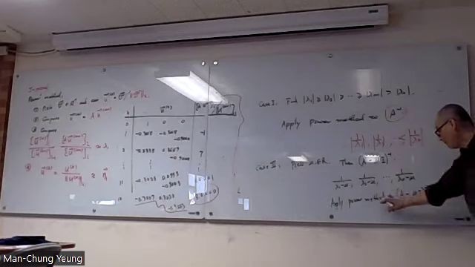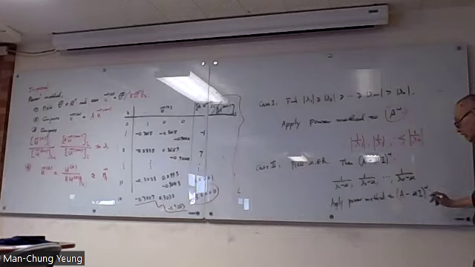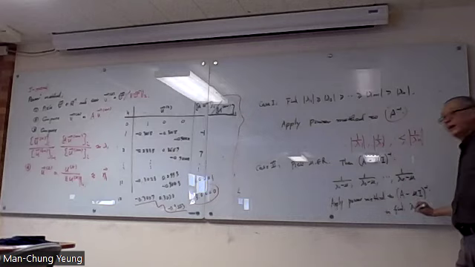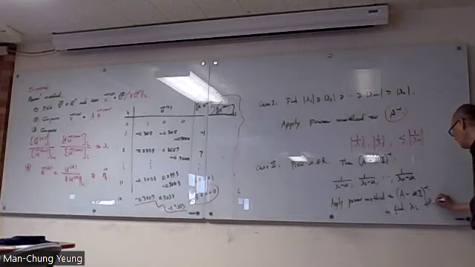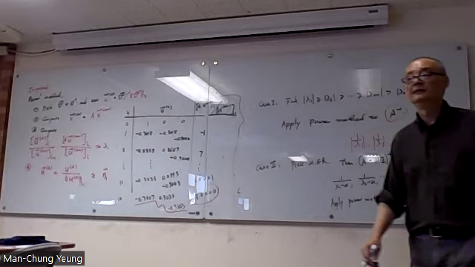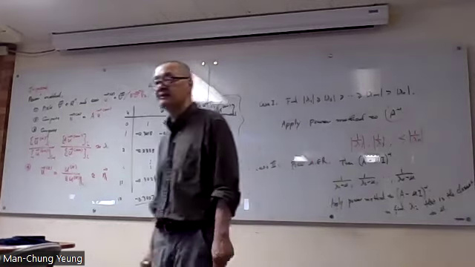Apply the power method to this matrix to find the lambda i that is closest to mu. That makes sense?